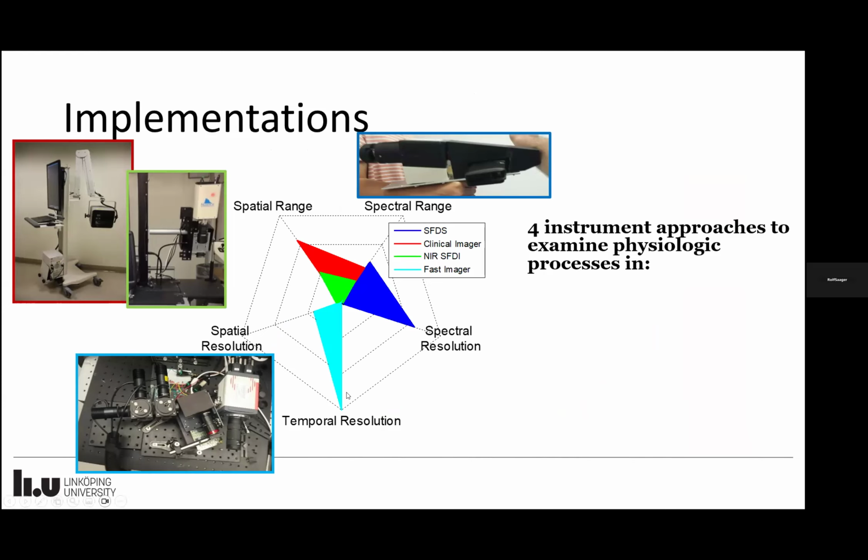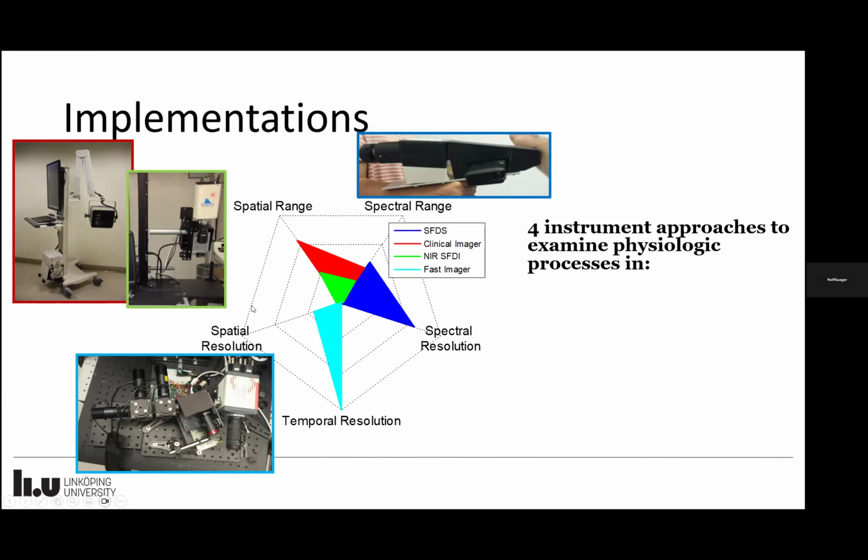When I was project scientist here, I was trying to look at the different parameter spaces and use cases for it. So I developed this little radar plot. You can have things with really high speed, large spatial range, large spatial resolution.